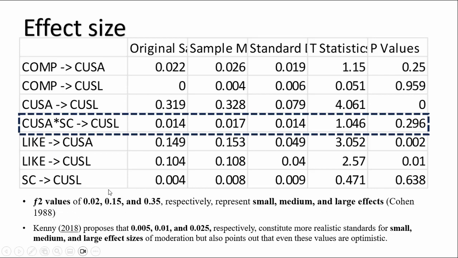This is the criteria. But for interaction effect, we use Kenny 2018. So for CUSA interaction with the SG, we use 0.014, which is a medium effect.